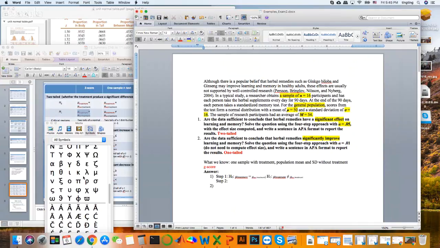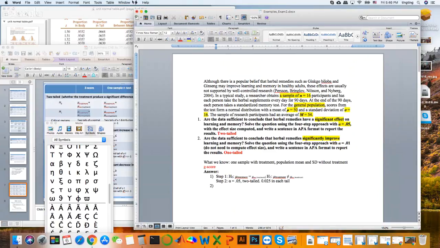Here alpha equals 0.05, and it's a two-tailed test. Which means the 5% is equally distributed in the two tails of the distribution, so we have 0.025 in each tail.